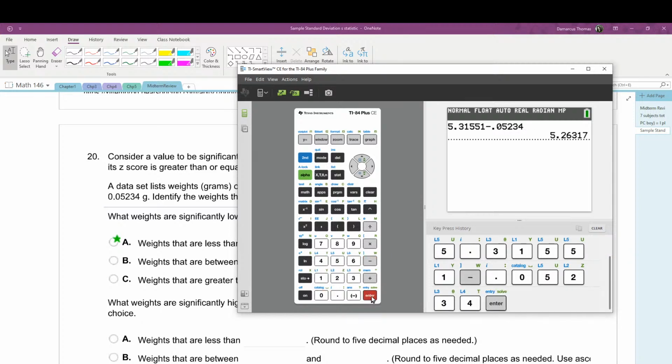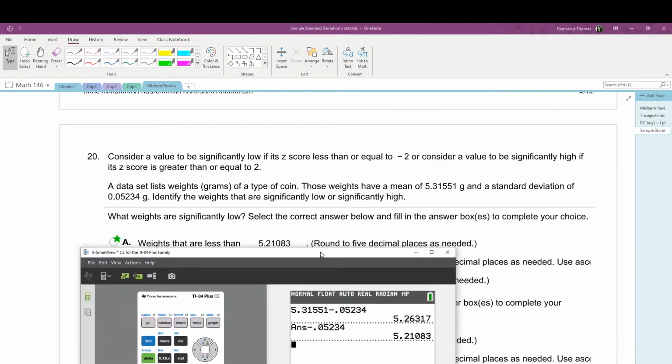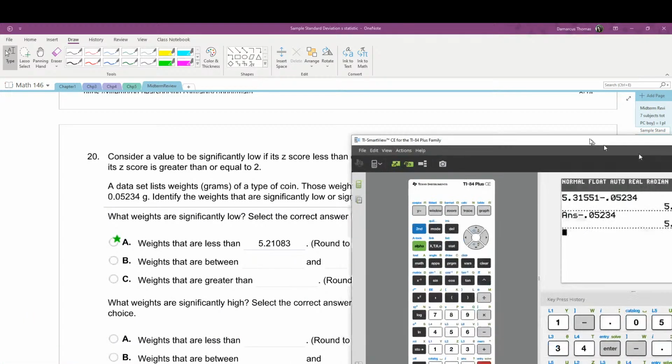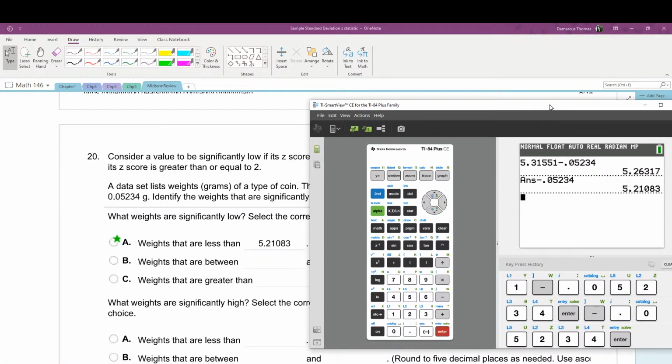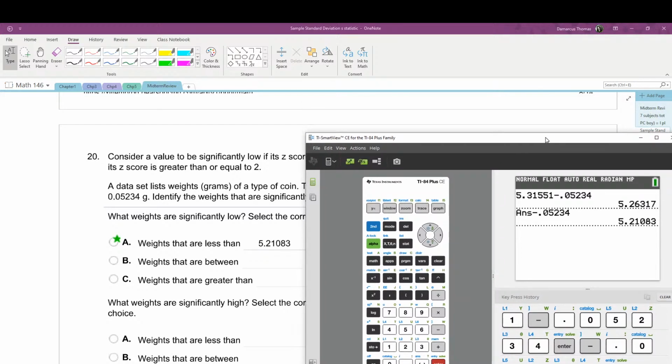I'll do it once, and then I'm going to subtract it again from 0.05234. And what do I have? I have 0.521083.